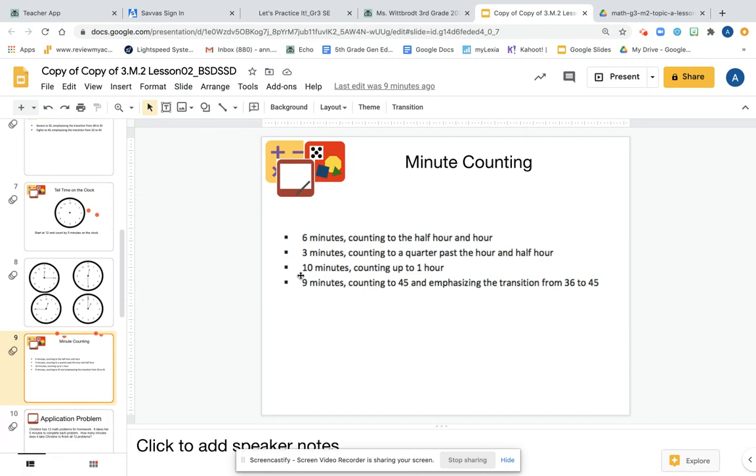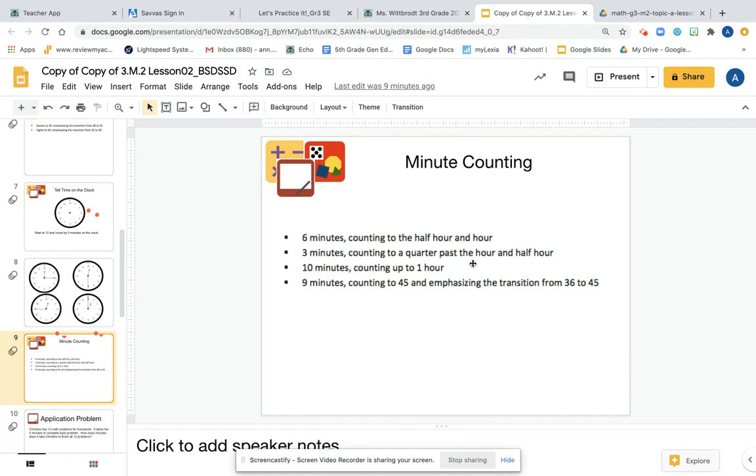Now we're going to count by 3 minutes, but we're only going to count to the quarter past the hour. Remember, quarter past is when we got to 15 minutes. So when we get to 15, we're going to say stop. 3, 6, 9, 12, 15, stop.